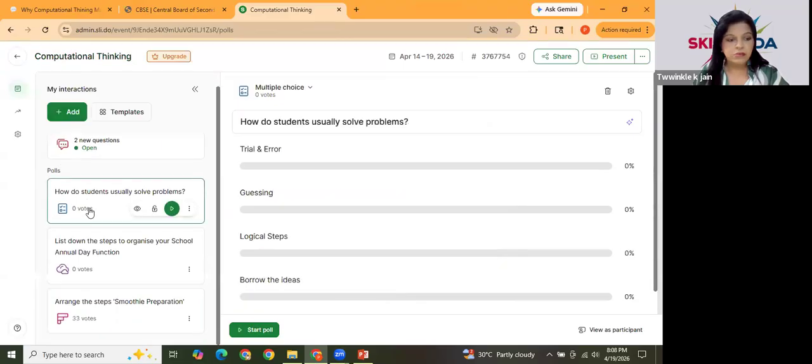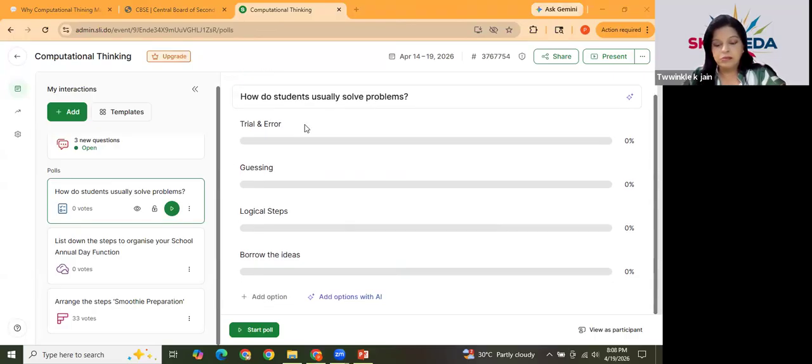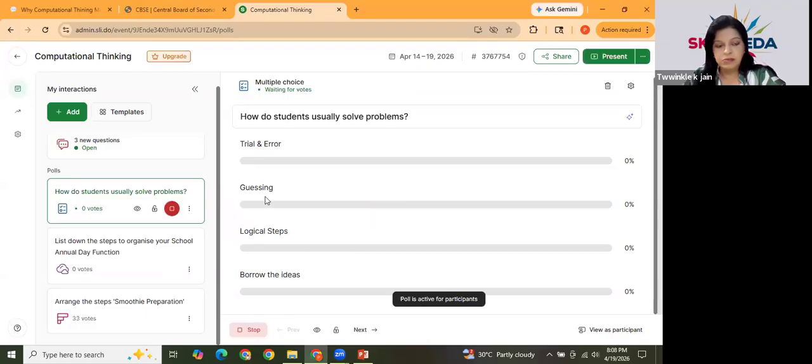How do students solve problems? Still nobody has voted. I just wanted to show you the options: trial and error, guessing, logical steps, borrowing ideas. Quickly, if you just give the answer, we get to know.